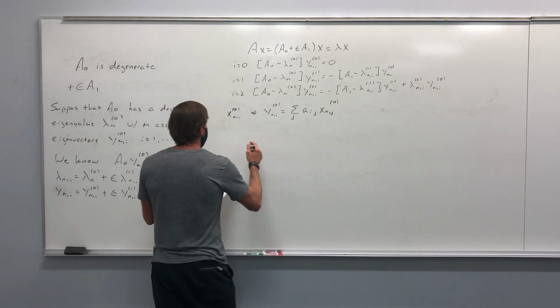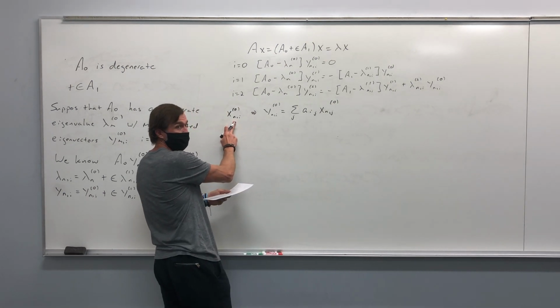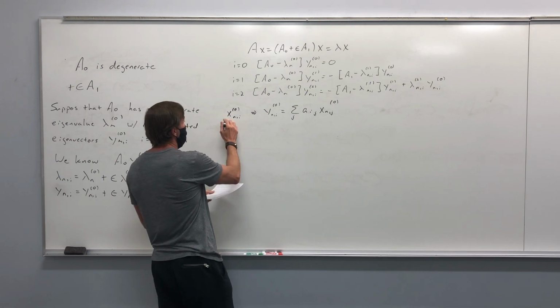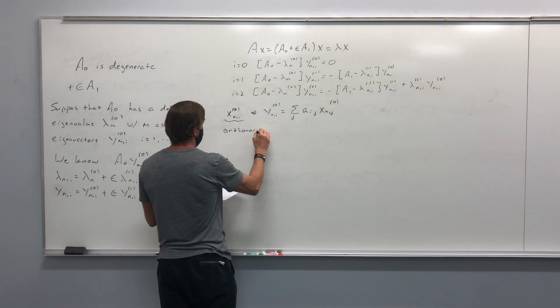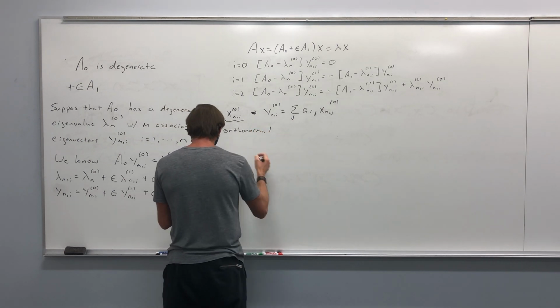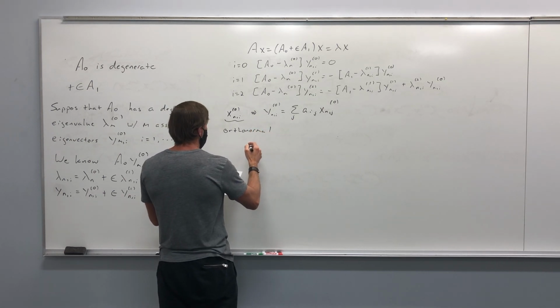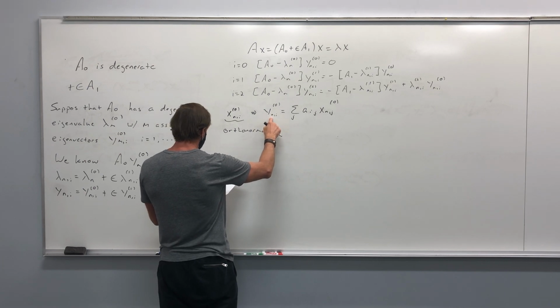All right. Now, of course, we'll pick an orthonormal basis. That's the obvious choice. So we'll take these to be orthonormal. And we can also set it up so that these are orthonormal.